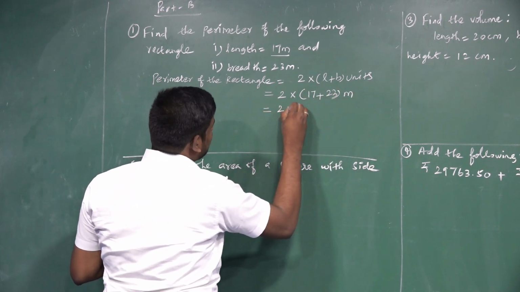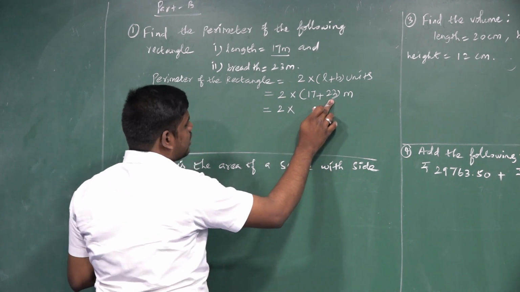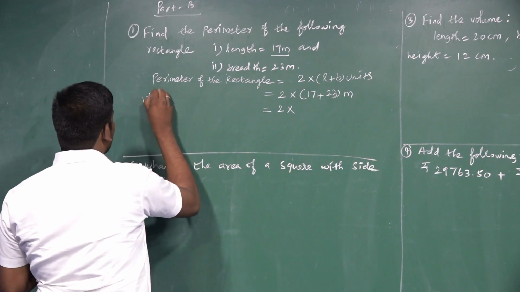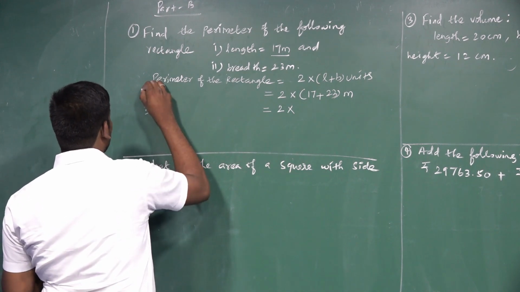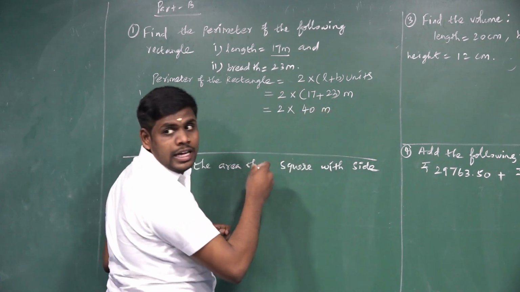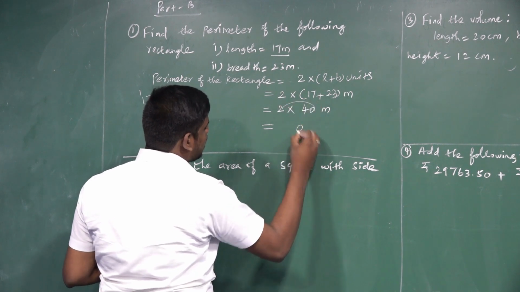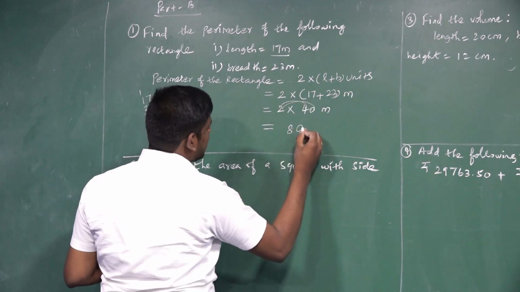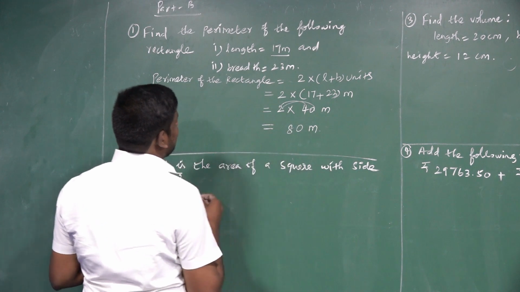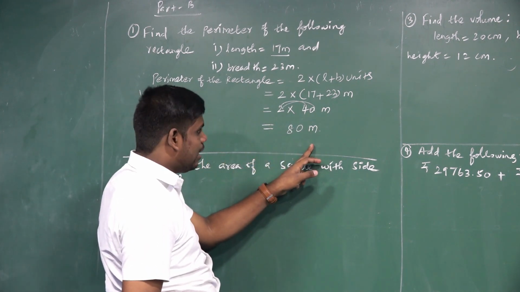See, 2 multiply, then 17 with 23 we add. So we get 40. Then multiply 2 with 40, we get 80 meter. So the perimeter of the rectangle is 80 meter.